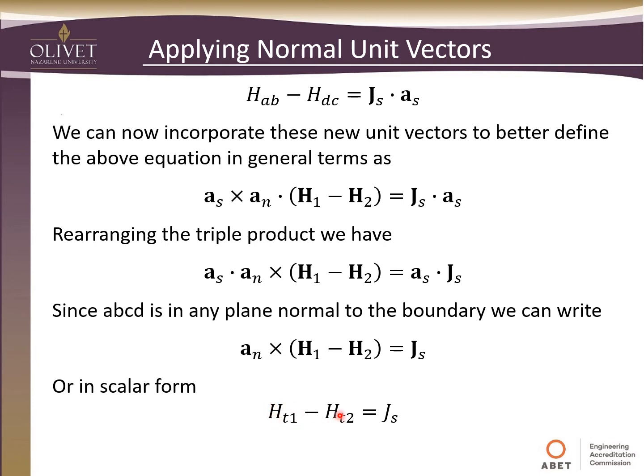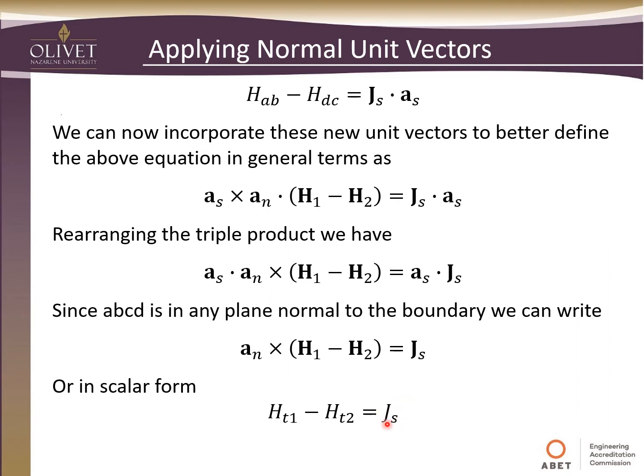And again, this is important. We have the tangential parts or components of our magnetic field. The difference in those two must always be equal to the current flowing across our surface. So the difference in the tangential components of the magnetic field at the boundary has got to be equal to whatever current may be flowing on that surface. If there is no current flowing, then they're equal, of course.